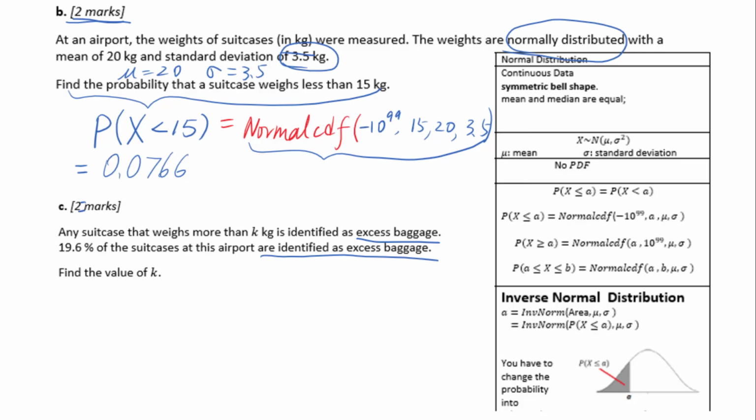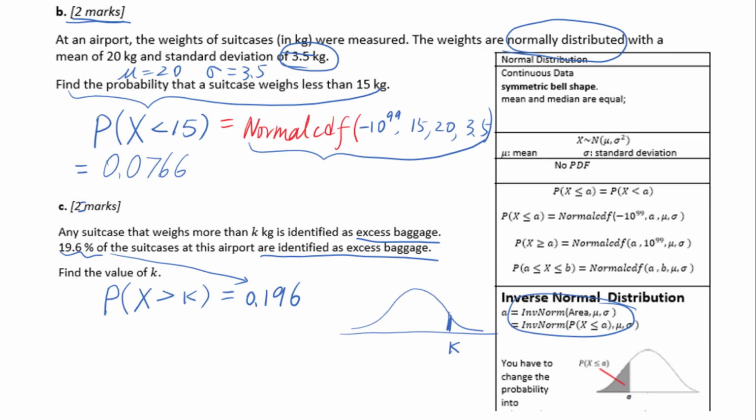Find the value of K. According to this given information, we know probability of X greater than K equals 0.196. Change this percentage into decimal. We are looking for this K. You got to use inverse normal distribution. Suppose this is a K.